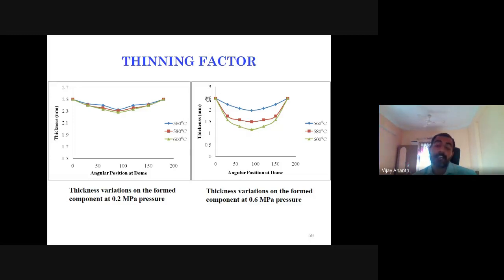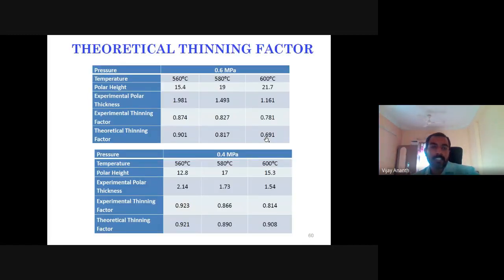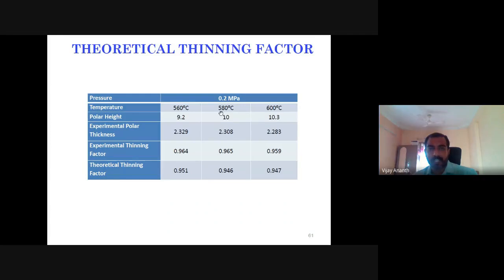The initial thickness is 2.5 mm, but the final thickness at the pole region is very small, so it leads to failure, right? This is the thinning factor. These theoretical thinning factors we can calculate through an Excel sheet for different temperatures as well as different pressure values, right?